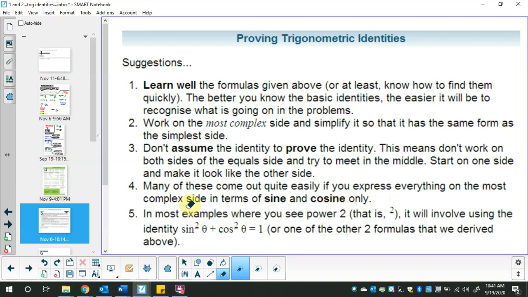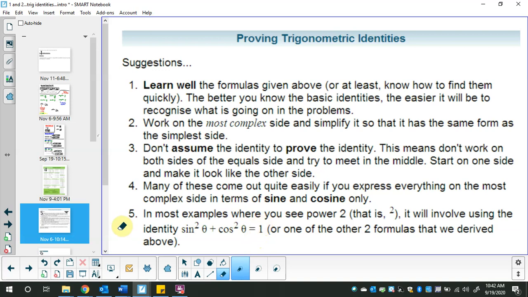That is not on the most complex side. It's on both sides. And here is a good tip. In most examples where you see a power of 2, that means you're probably going to use one of the 9 identities that we made for Pythagorean identities. That's just a little tip. Not necessarily 100% true, but pretty close.